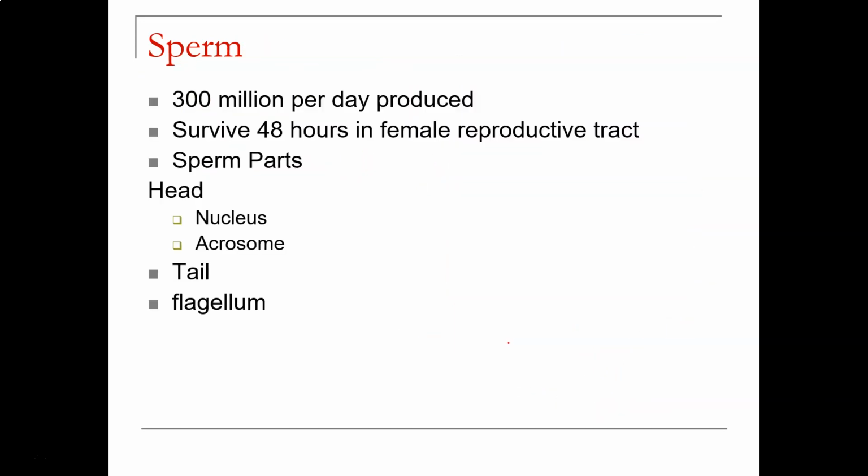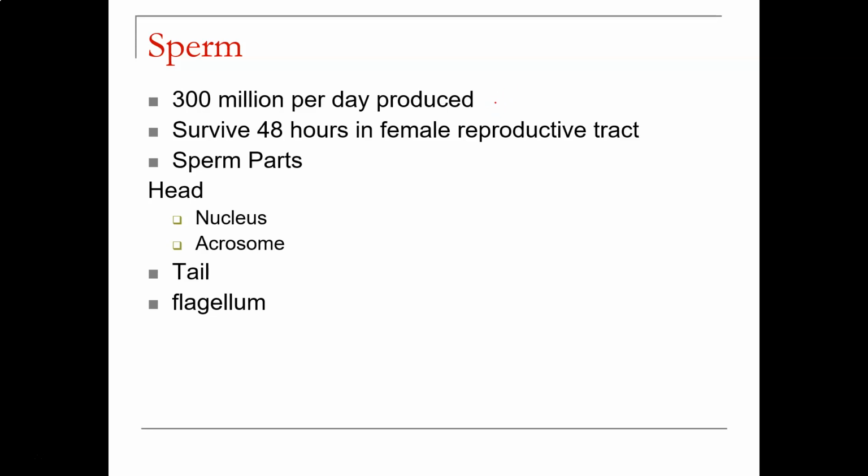So let's look at sperm. We'll look at a picture in a moment, but here's some facts about it. So in the life of a healthy male, starting at puberty, which means when the reproductive system becomes functional, somewhere in early teens usually, that's when sperm start to be produced. And then in males, sperm can be produced for as long as the male is healthy.